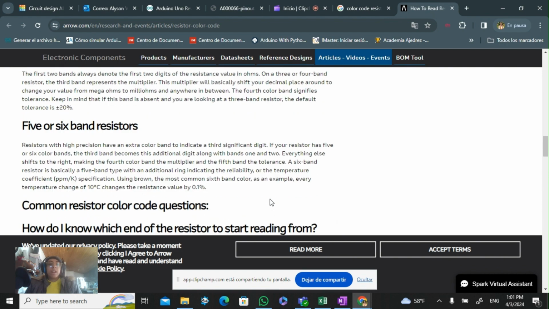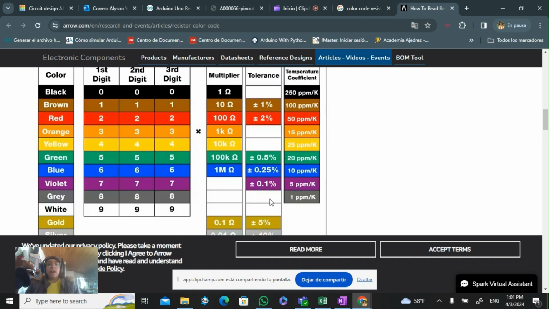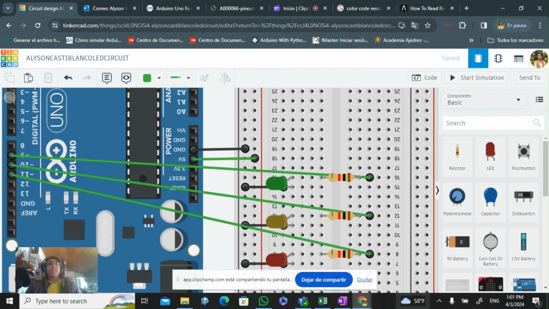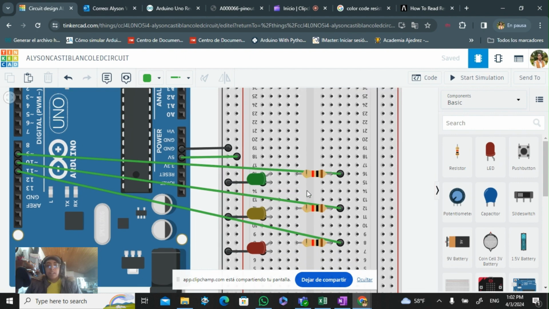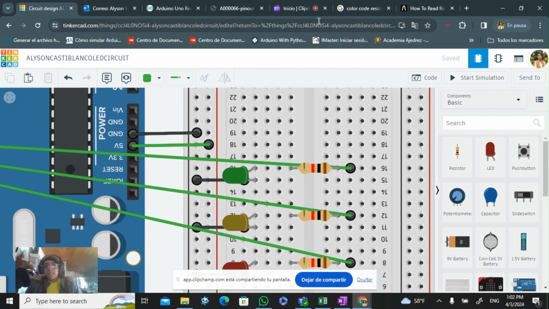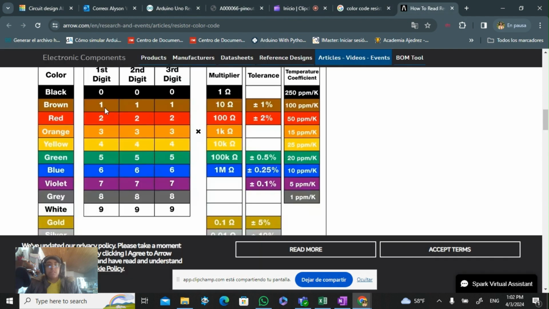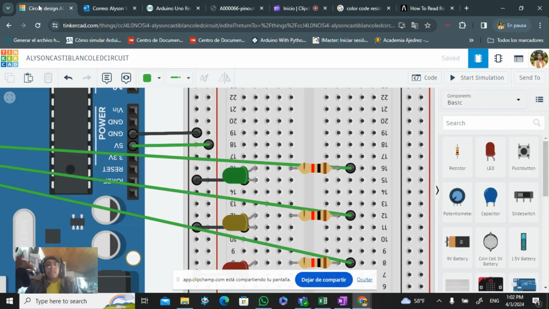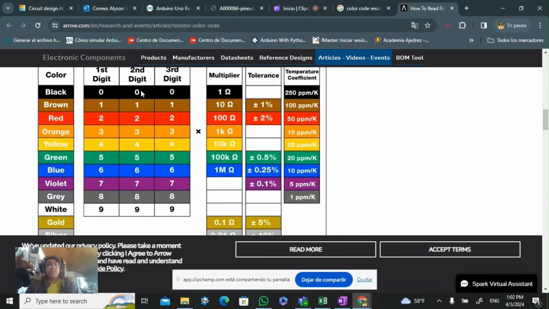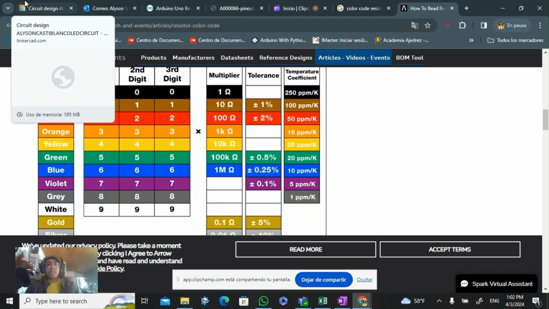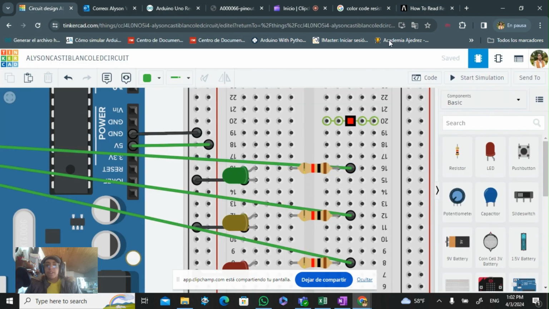So if we want a 1000 ohm resistor, it is very simple. The only thing that you have to do is, for example, here we have brown, which belongs to 1, black belongs to the second digit 0, and the third is here red.